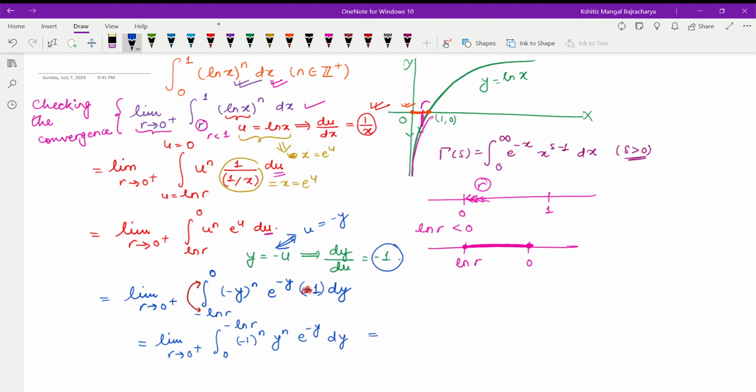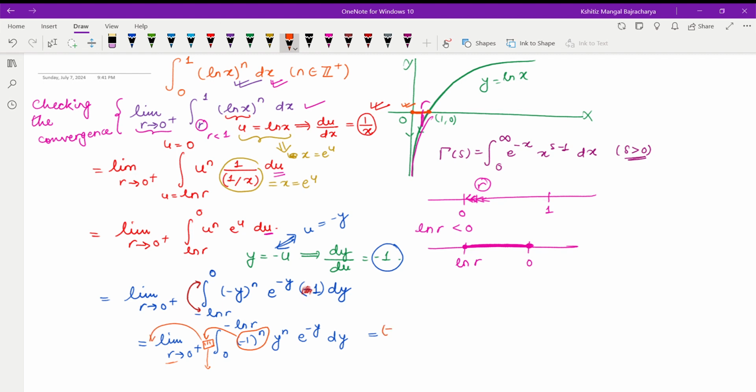Now since this thing is independent of y, it will come out of the integral, and since this is also independent of r, it will come out of the limit.